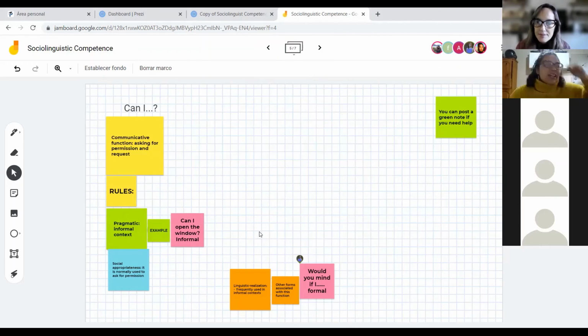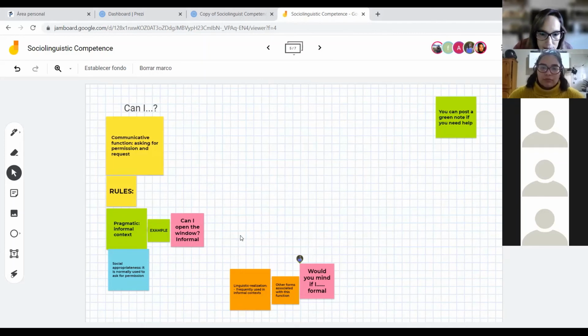So if you say, can I open the window? It's like, am I allowed to open the window? Yes, and shall is like, I will open the window. Are you okay with that? That's the meaning of shall. I mean, they are very similar in meaning, and it is true that they are used for the same functions, okay?